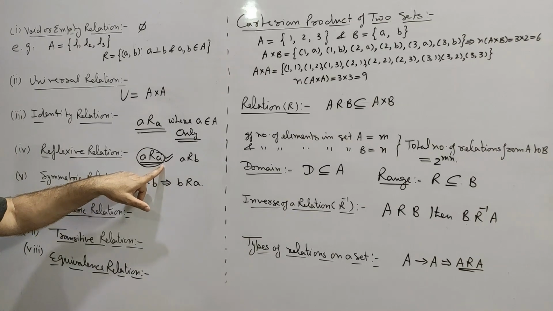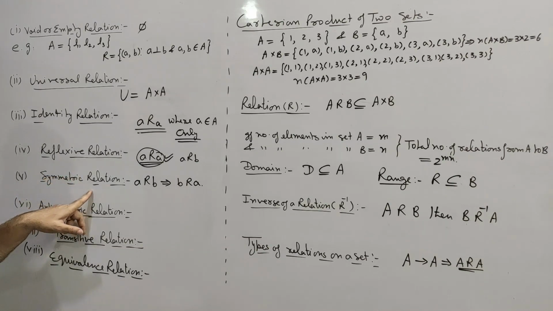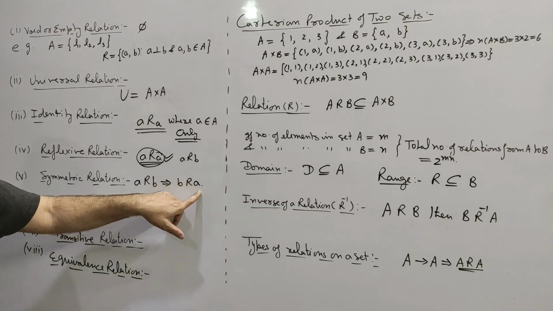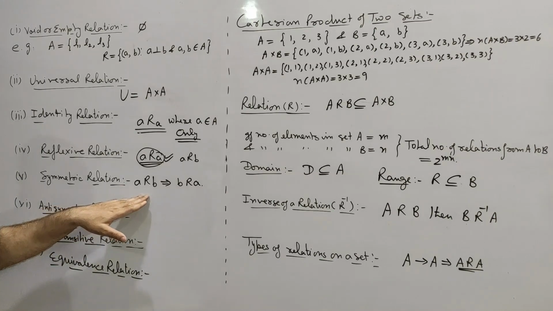So the relation defined as parallel to will be a reflexive relation on the set of parallel lines. And if we come to the symmetric relation, then if line A is parallel to line B, then line B will also be parallel to line A. It means the relation parallel to is symmetric on the set of parallel lines.